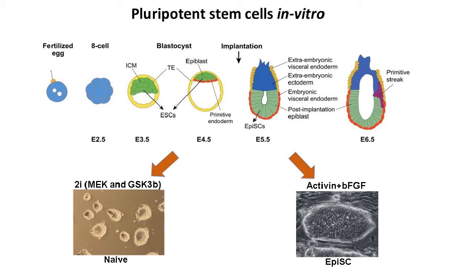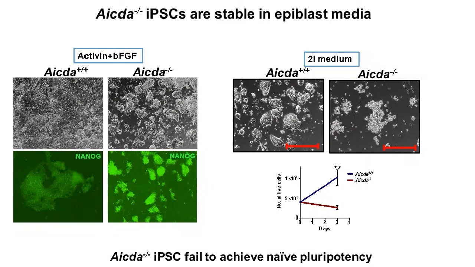So we decided to culture the wild type and AID knockout induced pluripotent stem cells in these media conditions. And we observed indeed, if you can see on your left-hand side, that in the presence of activin and FGF, which support epiblast stem cells, even after passage 1, AID knockout cells maintain the colony morphology, and they had homogeneous expression of Nanog as compared to the wild type.